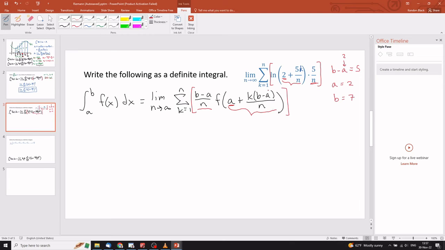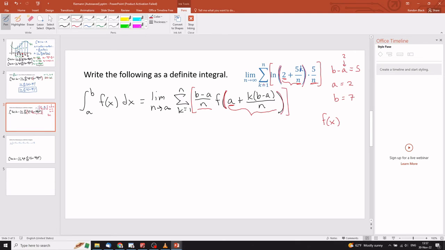And so comparing the 5k over n to the kb minus a over n, that doesn't really tell us anything. But now we need to figure out what f of x is. So we pattern matched this part with this part.